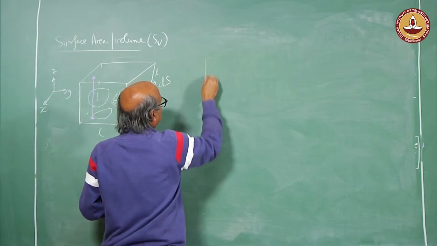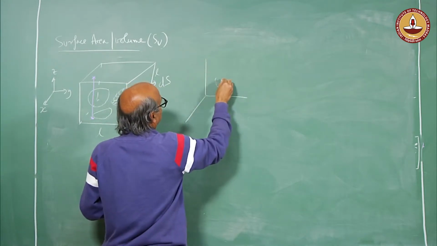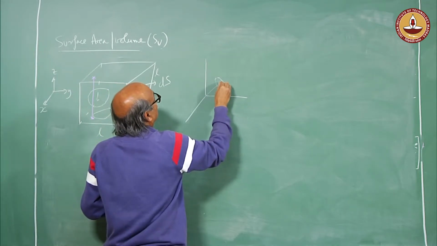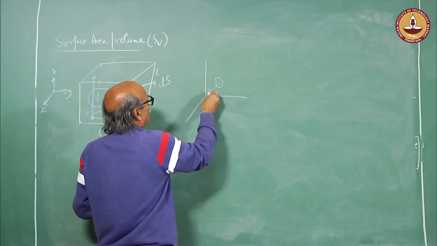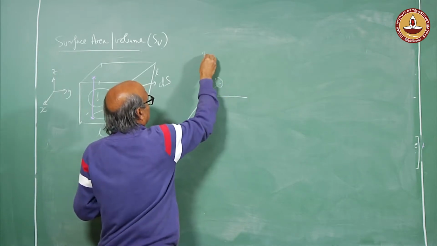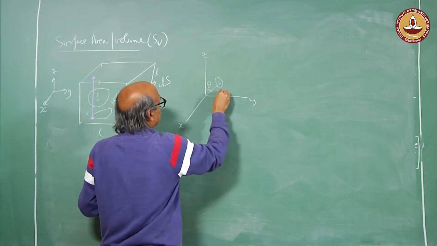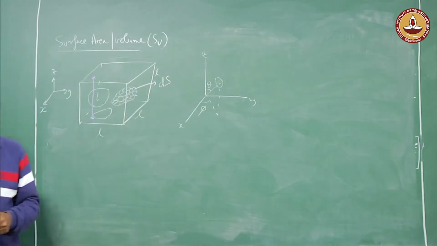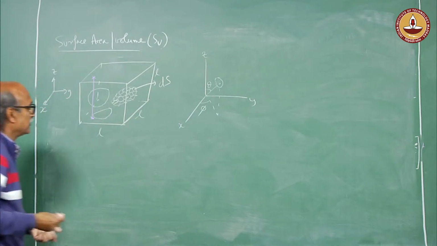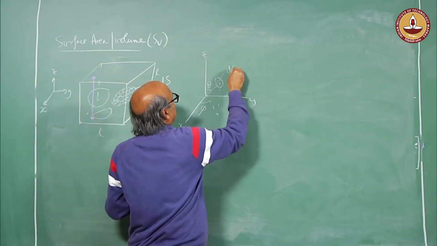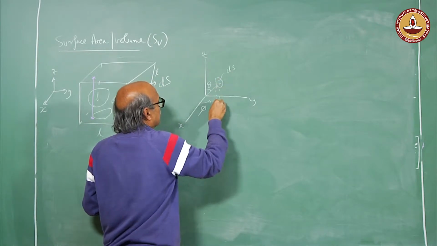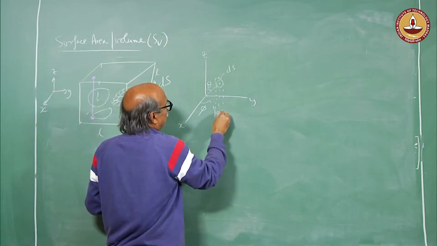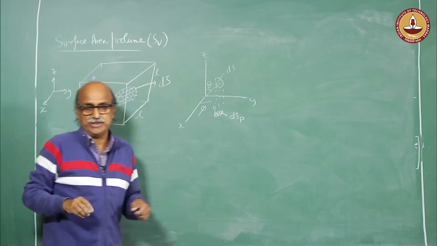Imagine that you have just one such element, which is having some orientation of theta with the z axis and its projection having an angle of phi with the x axis. This is my orientation of any one particular element of area ds. It will project an area on the xy plane, dsp, the projected area.